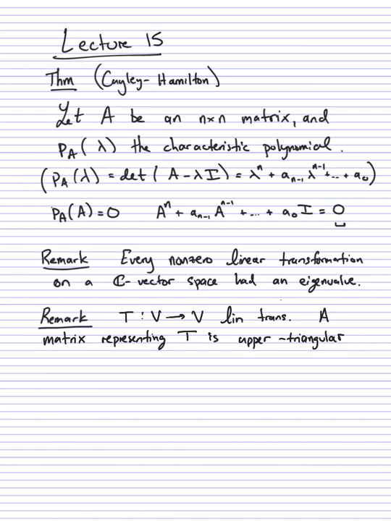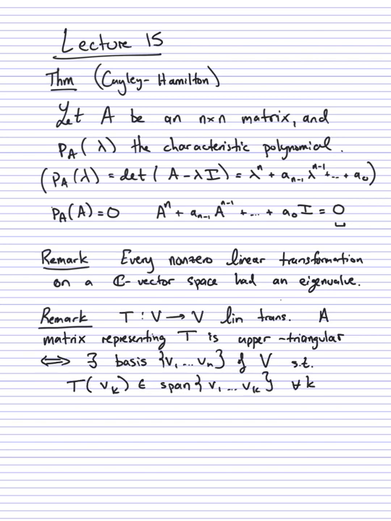So a matrix representing T is upper triangular if and only if there exists some basis, v_1 up through v_n, of V, so that T of v_k is in the span of v_1 up through v_k for all k.